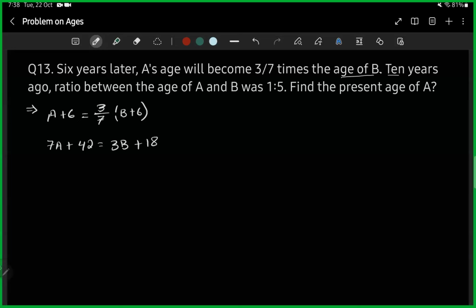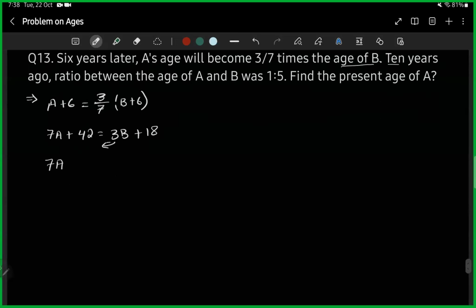I'm going to take the letters to the left hand side: 7A minus 3B equals 18 minus 42, since the 42 goes to the right hand side.